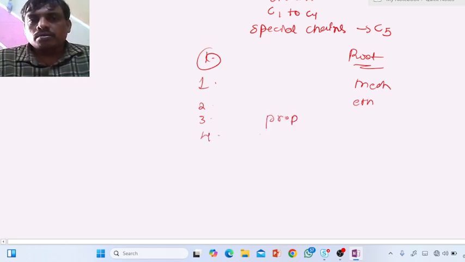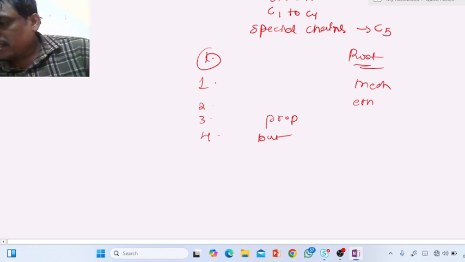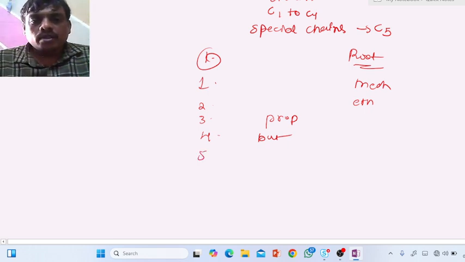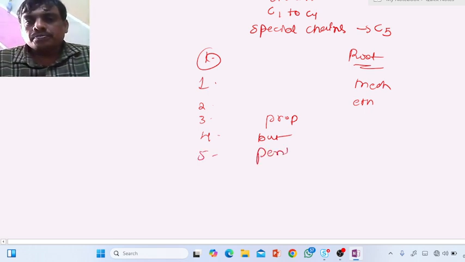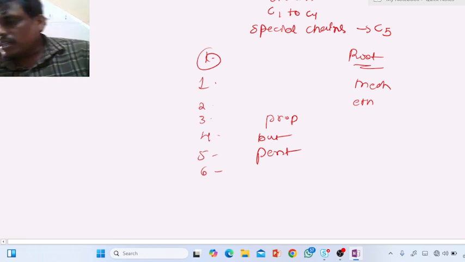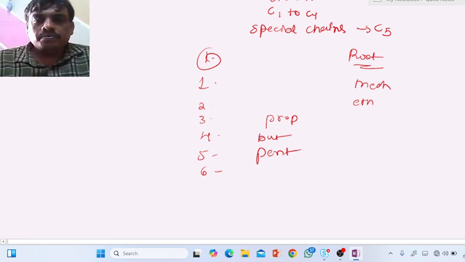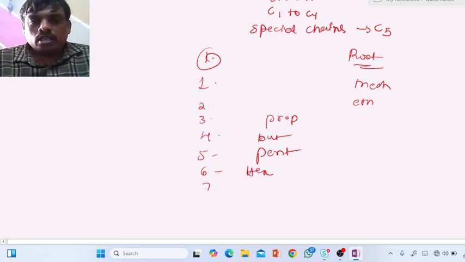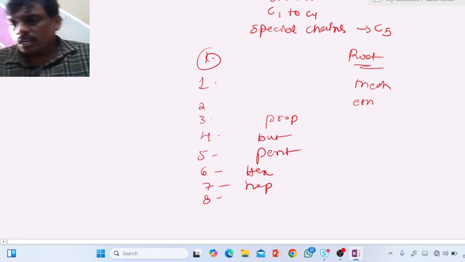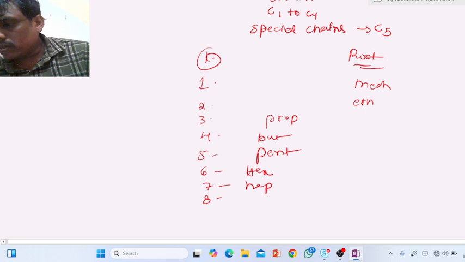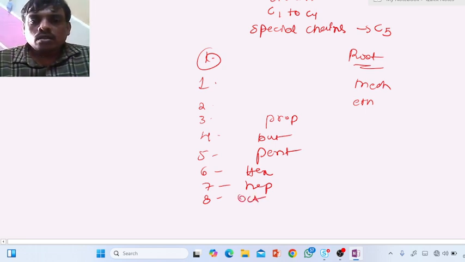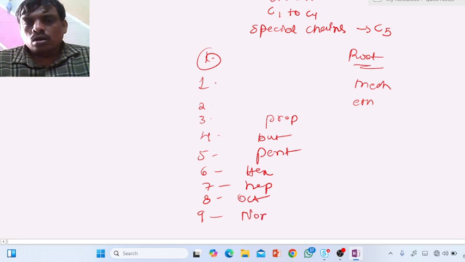Four carbons: but. Five carbons: penta. Six carbons: hexa. Seven carbons: hepta. Eight carbons: octa. Nine carbons: nona.